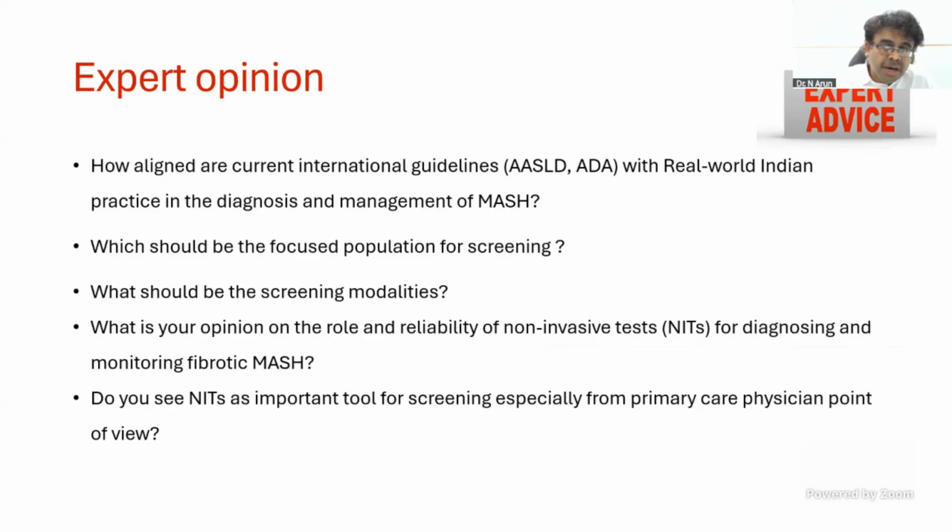So non-invasive markers have taken over with a wide range of assessments to diagnose fatty liver disease promptly. And do you see NIT as an important tool? Definitely, sure. It should reach all the primary care physicians, all the tertiary care centers, and all the peripheral centers throughout India in order to diagnose this clinical scenario effectively.